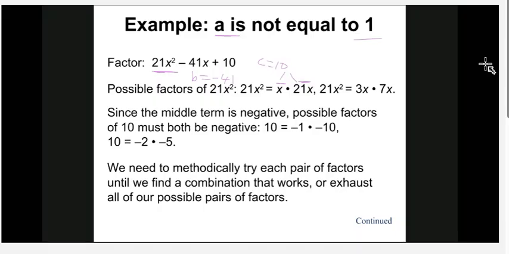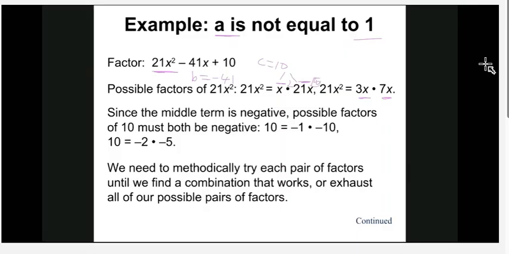So we're going to factor the first term, 21x squared, we can factor into x times 21x, or you can factor 3x times 7x. So we're going to have to use the two different combinations in here. And we have a 10, which we can factor into negative 2, negative 5.